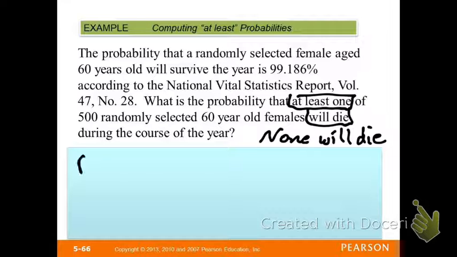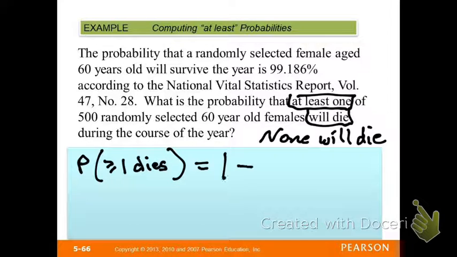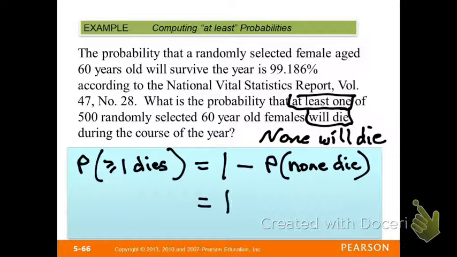So the probability that at least one dies is going to be equal to 1 minus the probability of the complement. The complement of at least one will die is that none die. And so the probability that none die is going to be equal to 0.99186 to the power of 500 people.